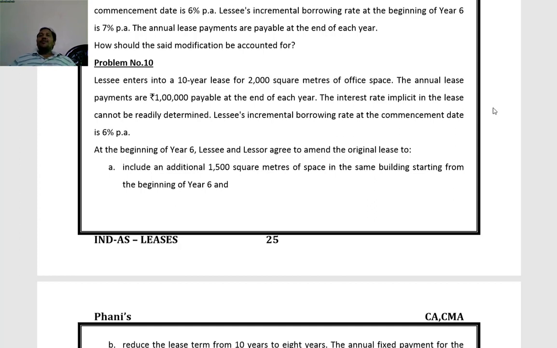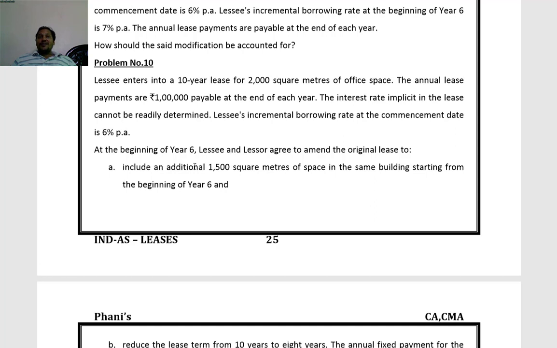The interest rate implicit in the lease cannot be readily determined. Lessee's incremental borrowing rate at the commencement date is 6% per annum.